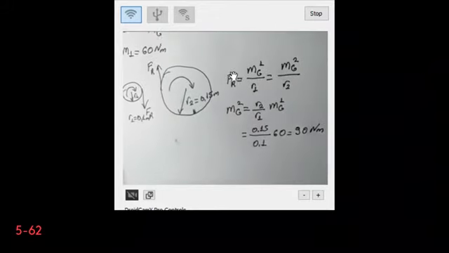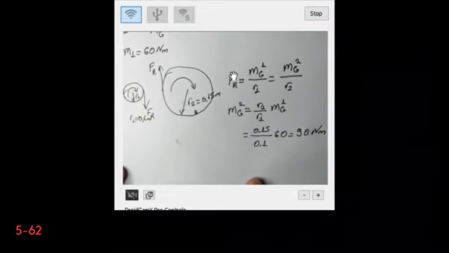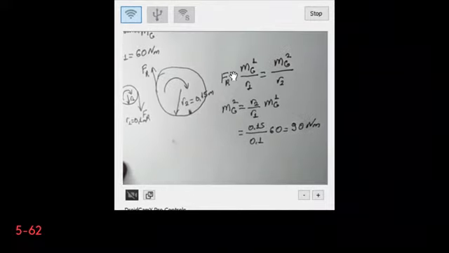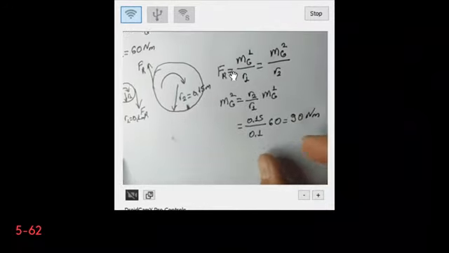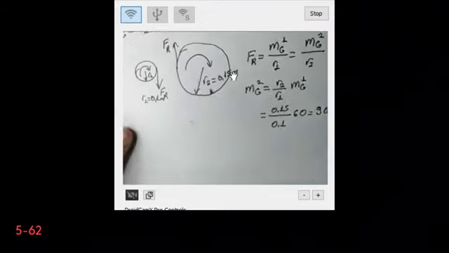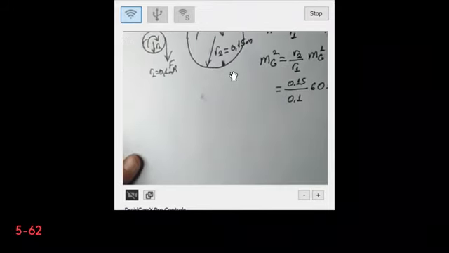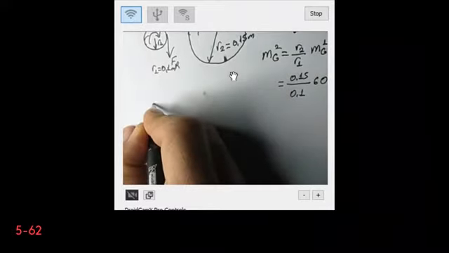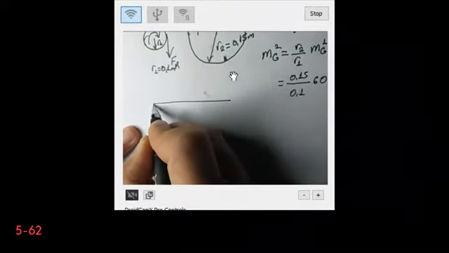Now let me draw the free body diagram of the second shaft, which is fixed to the wall. So this is my shaft.